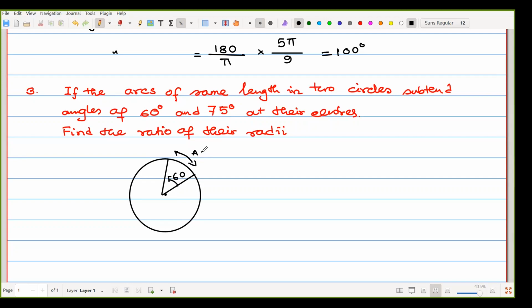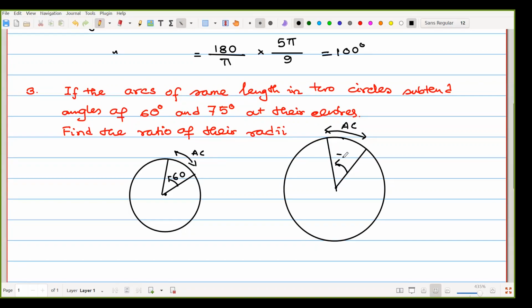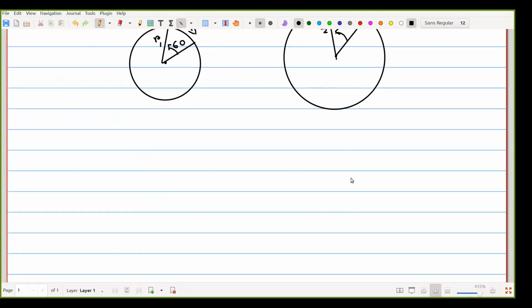Suppose that is AC, and another circle is there, and here we have the same length of arc, but the angle subtended here is 75 degree. So we have to find out, suppose that is radius R1, that is radius R2, like that. So what should be the ratio of their radii?